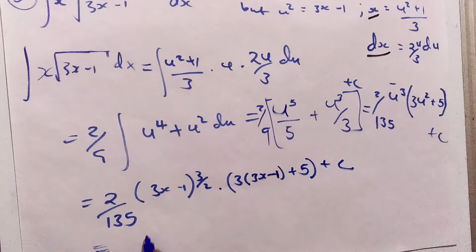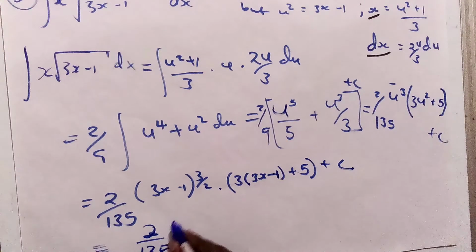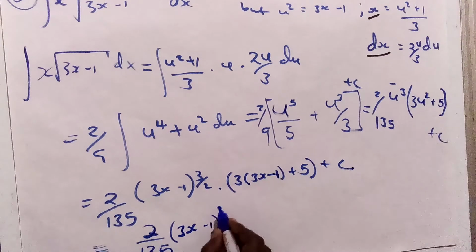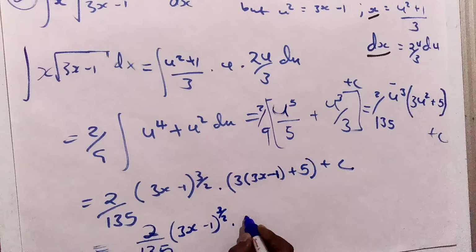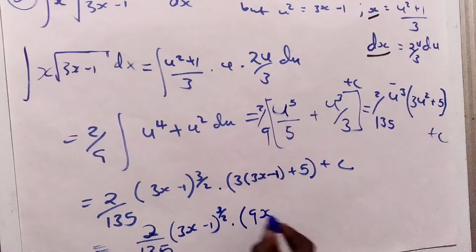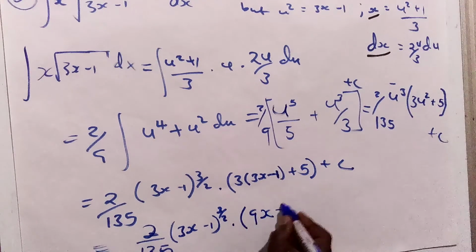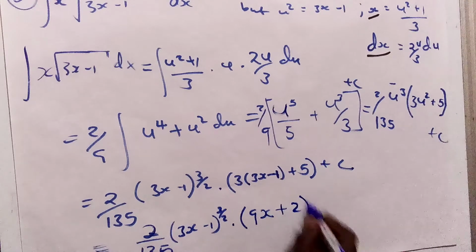So that should give 2 over 135, 3x minus 1 to the power 3 over 2 into 9x. It looks like that, I don't know.